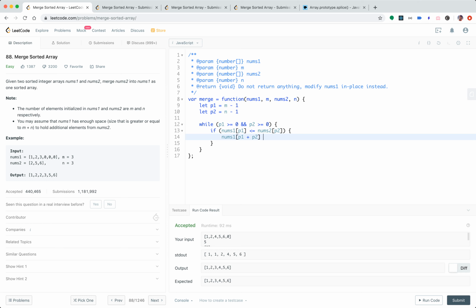This is n minus 1, this is n minus 1. So the plus, this should be m, the index should be plus 1, yeah. The number should be plus p2 plus 1.